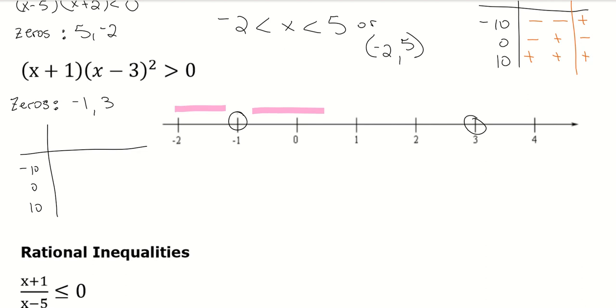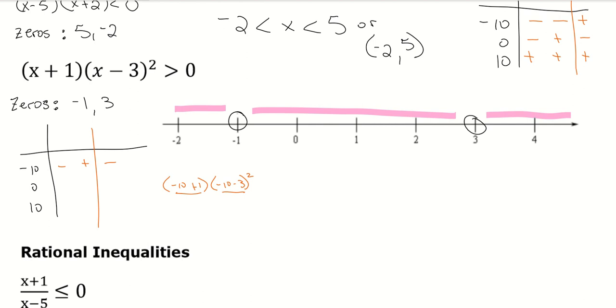Region 1, region 2 and region 3, I need to check. So if I put in a negative 10, so that means I'm going to do a quick check of negative 10 plus 1 times negative 10 minus 3 squared. This one is negative. This one is positive. Therefore, that's negative.